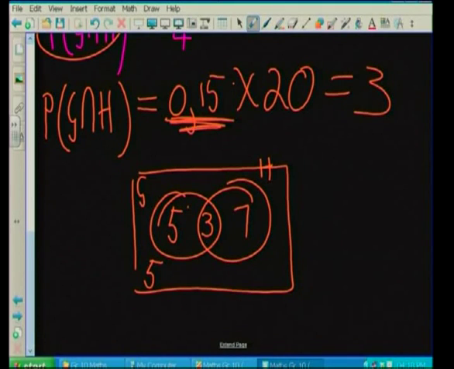I could stop the question there, but the fact that I knew that the sample size was 20 means that if I multiplied 0,15 by 20, I got 3, so my intersection is 3. Then I looked at the other probabilities. This one was 2/5. I said 2/5 times 20, and I subtracted the 3, and that gave me the 5. Again, a half times 20 gave me 10, but subtracting the 3, 7 in there, and 5 on the outside. So really quite a lovely question. It could have gone on a lot further.